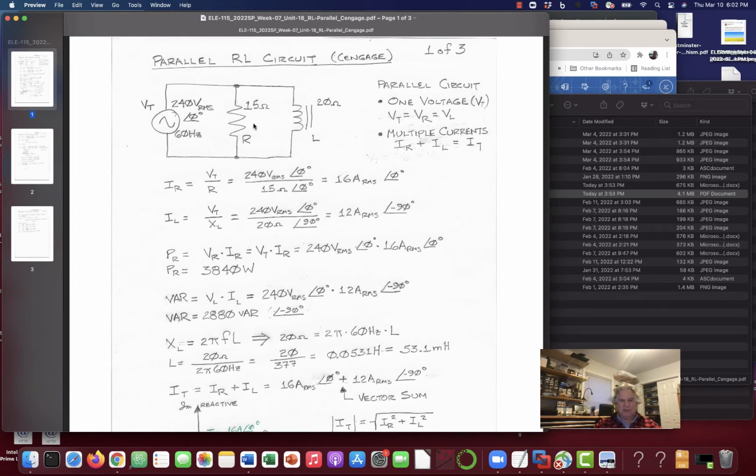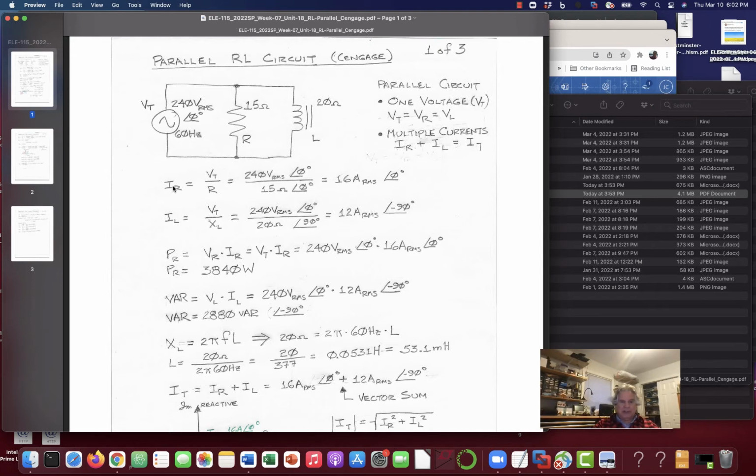That would burn as much power in this resistor as 240 volts RMS, which is really like 338 volts peak to minus 338 volts peak. So that peak to peak voltage is like 676 volts peak to peak. Okay, so here we go.